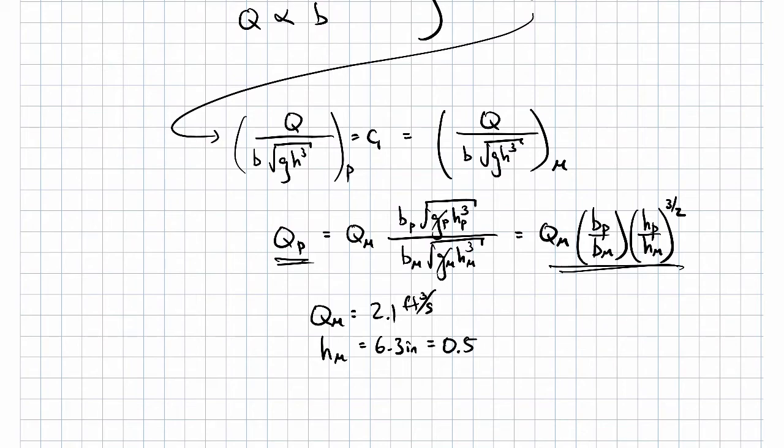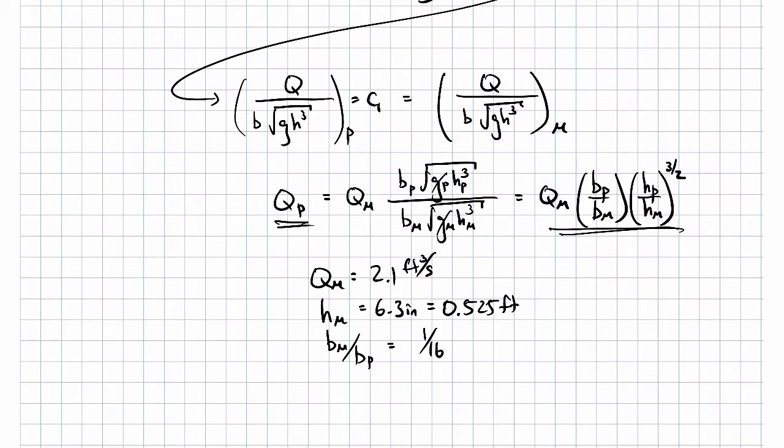That comes out to be 0.525 feet. We know that we have a 1/16 scale model. That means just the geometry of the weir is scaled in that manner. So the depth into the page for the model is 1/16 the depth into the page for the prototype.